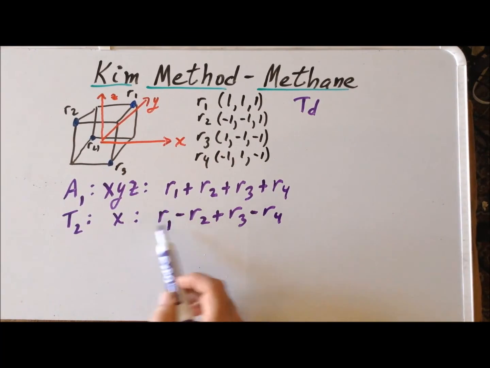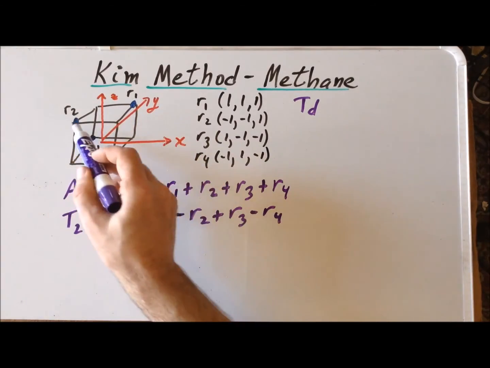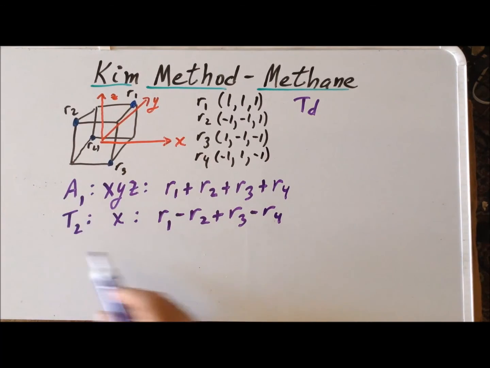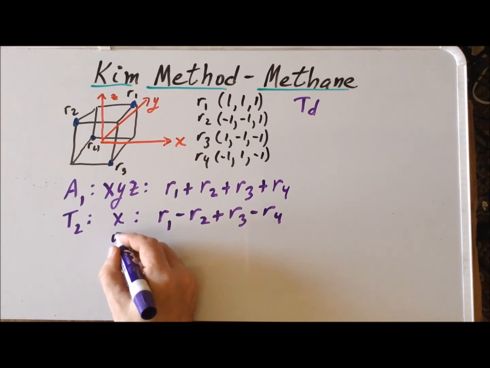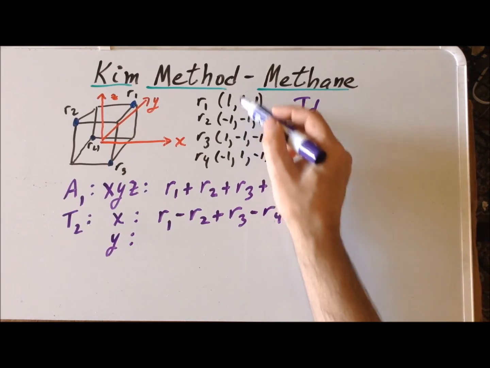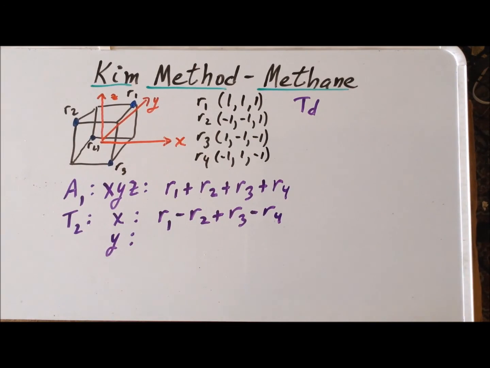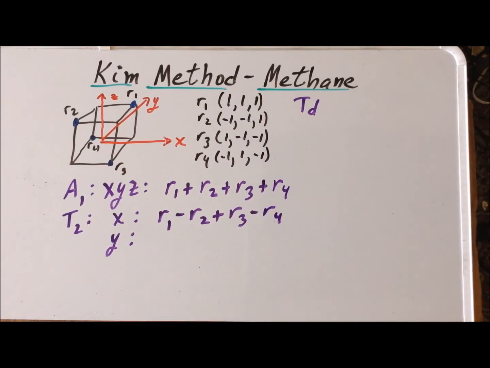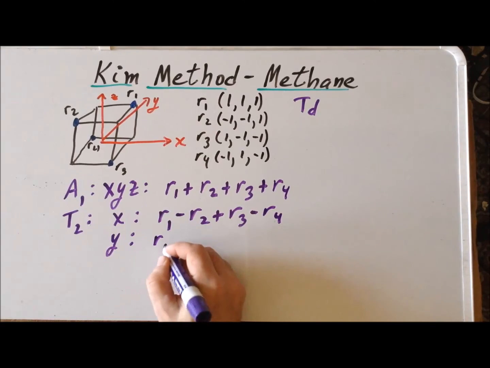And we can interpret a positive value as an increase in the bond length, whereas a negative coefficient is a decrease in the bond length. So as R1 gets bigger, R2 gets smaller, R3 gets bigger, and R4 gets smaller for this particular T2 stretch. Our next basis function is y. So now we plug the value of the y coordinate into this function, and that will give us the coefficient. For R1, the y coordinate is plus 1, so the coefficient is plus 1.